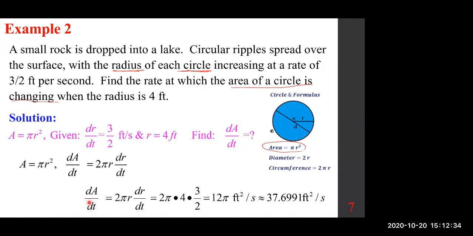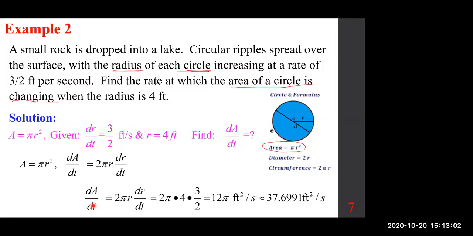So what are the units? The units of area over the units of time. So that's why square feet over second. So I'm going to emphasize on that because I want to make sure you're comfortable, okay, with finding the final units. dA/dt, change in A over change in time in essence. But this is an instantaneous rate of change.